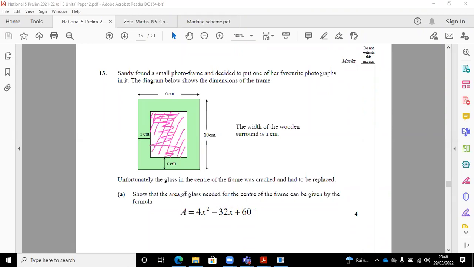Show that the area of glass needed for the centre of the frame, so that white area, can be given by this. Now, area of a rectangle is just length times breadth. So that's our starting point.